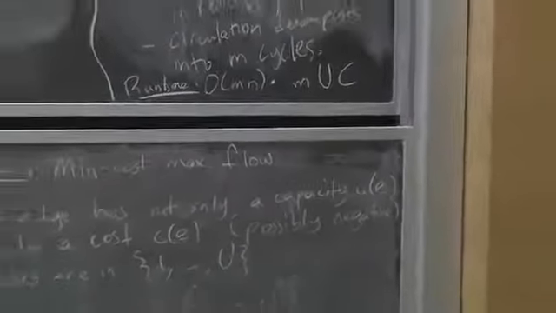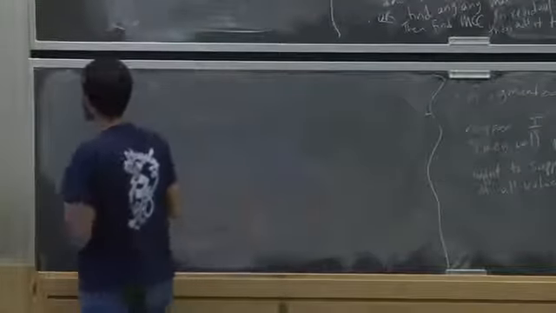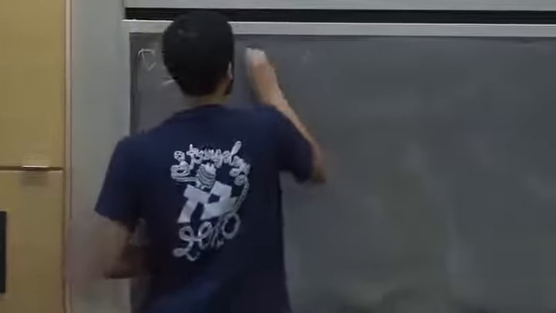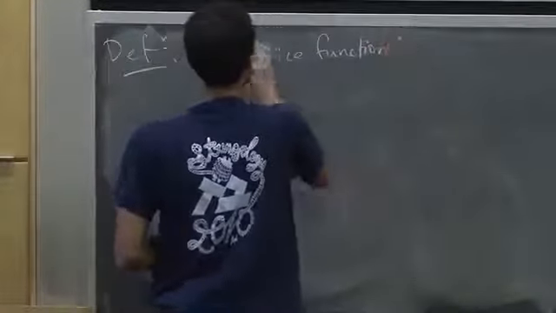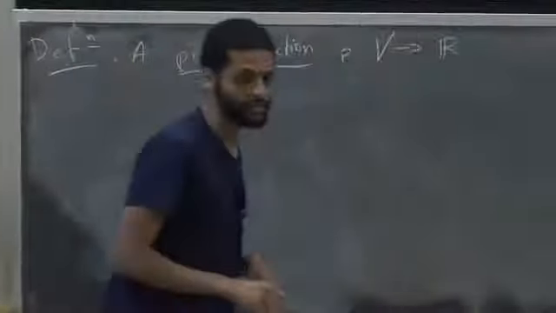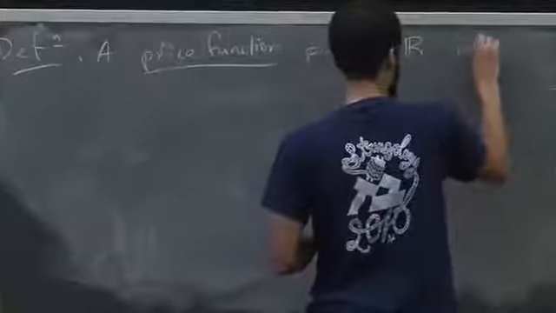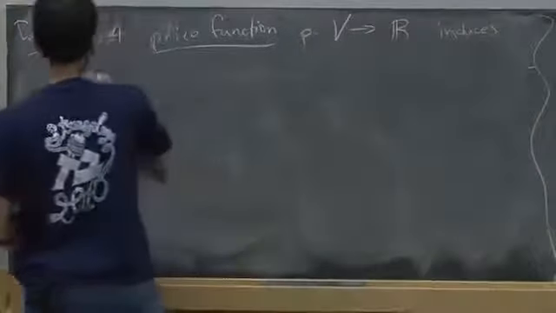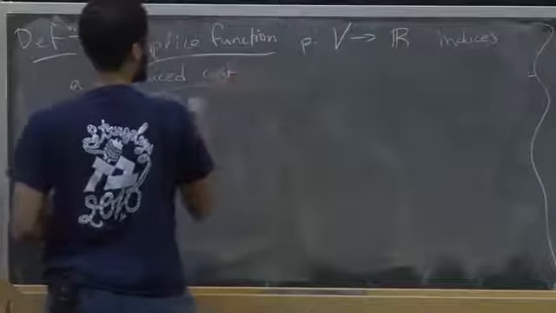So let's try to do better. Before I do better, I want to define something. So definition. A price function, or P, which maps the vertices into the real numbers, induces a reduced cost function.